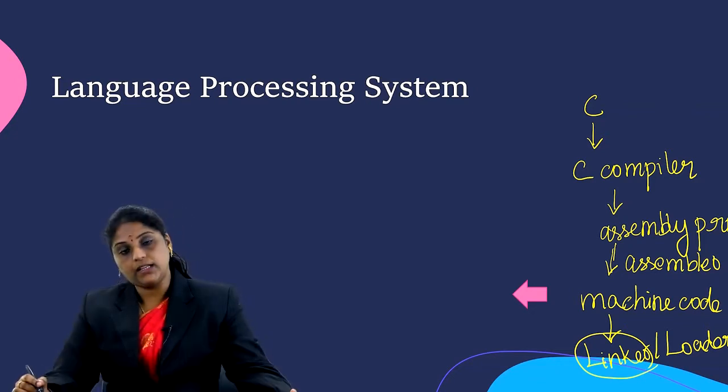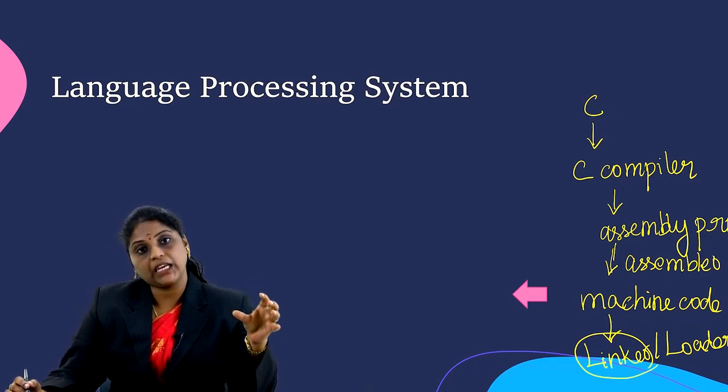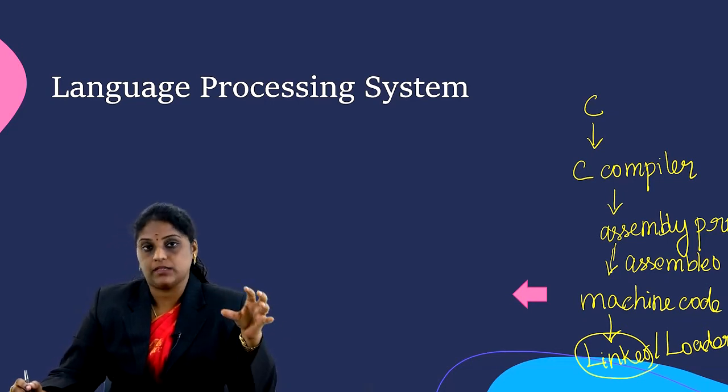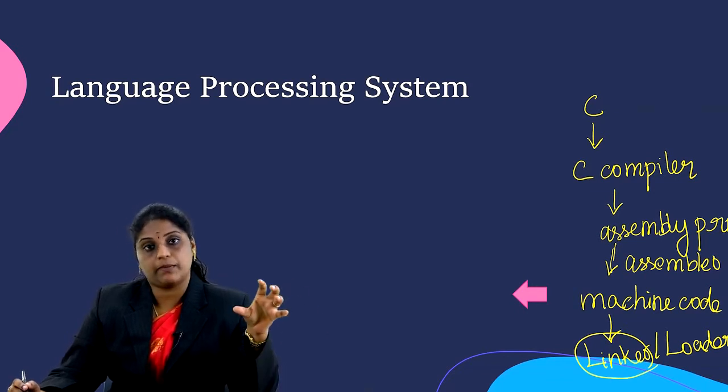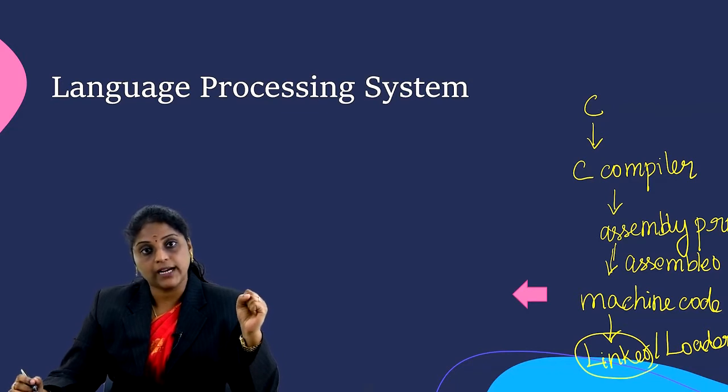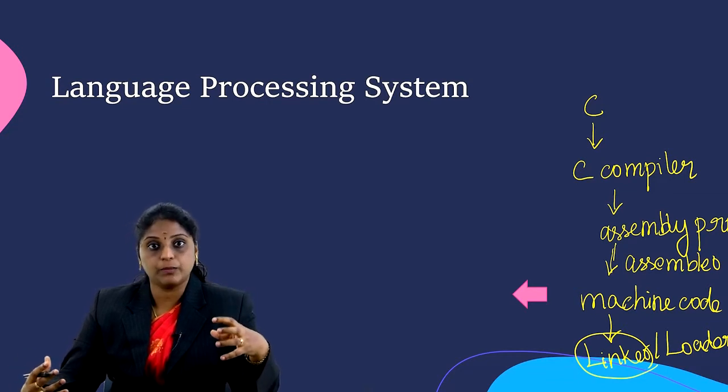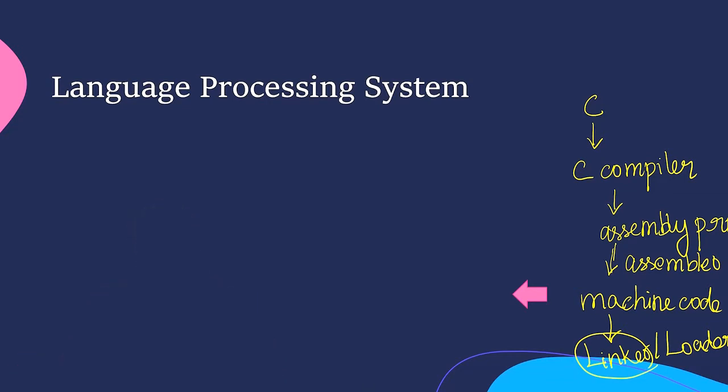For example, if we are writing a program with a lot of functions, each and every function will be executed separately. While executing the program as a whole, these functions have to be linked together. That is the work done by the linker. The linker helps to combine all the executable parts of a program.